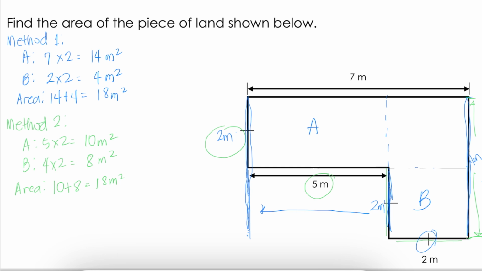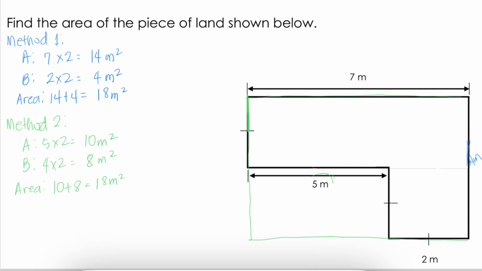Maybe there's another way. Can you see one big rectangle and then a small rectangle being removed from that big rectangle? So let's try that method out. So this is the big rectangle I was talking about.